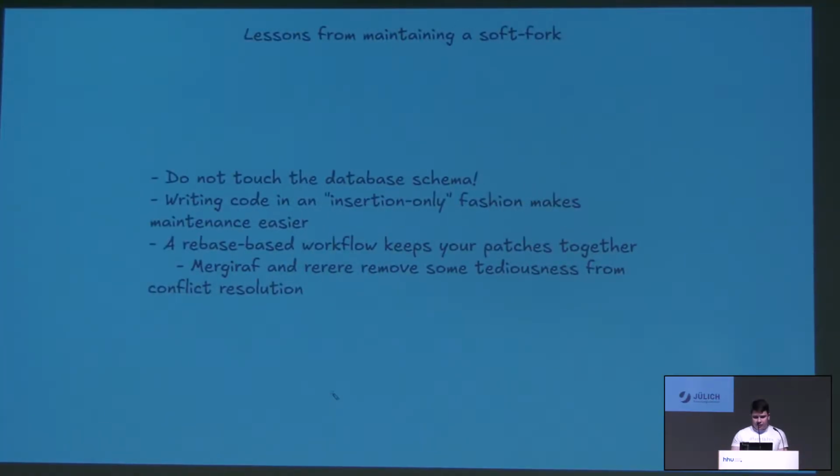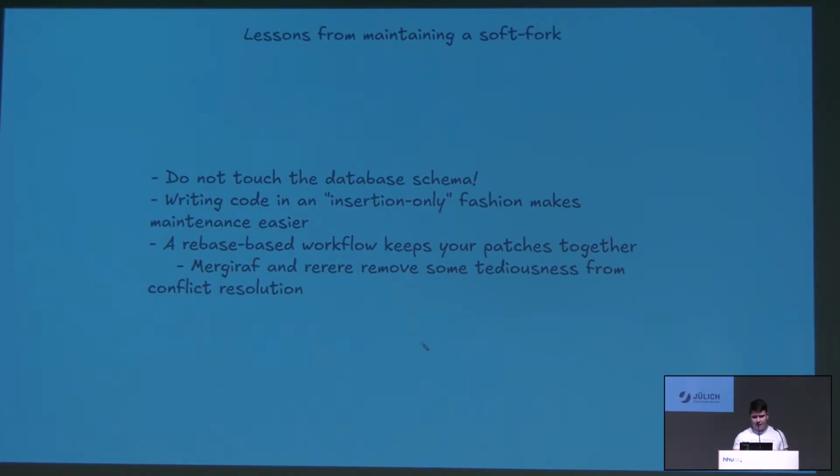Some lessons from maintaining a soft fork: do not touch the database schema. That way lies pain. Writing code in an insertion-only fashion makes maintenance easier because you are less likely to encounter merge conflicts. So that has been pretty useful. I'm using a rebase-based workflow, which keeps the patches together.